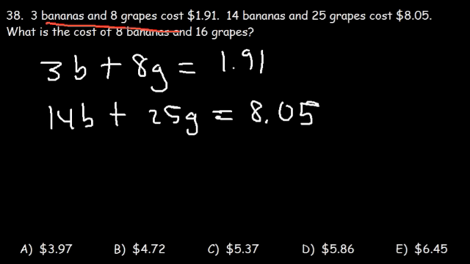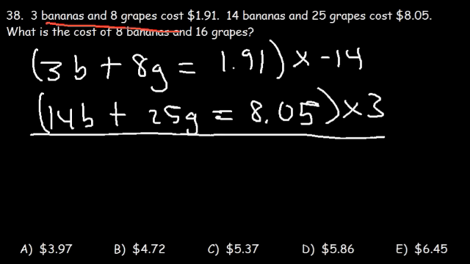So now we need to solve for either B or G first. So let's solve for B. Let's multiply the first equation by -14, and then the second equation we're going to multiply by +3.